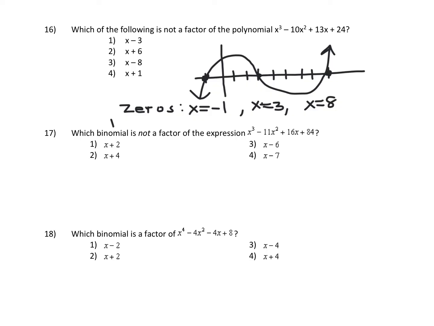All right, so since we know that the factors have the opposite sign, we know the factors are going to be x plus 1, x minus 3, and x minus 8. Okay, so the only one that's not a factor is choice 2, x plus 6.